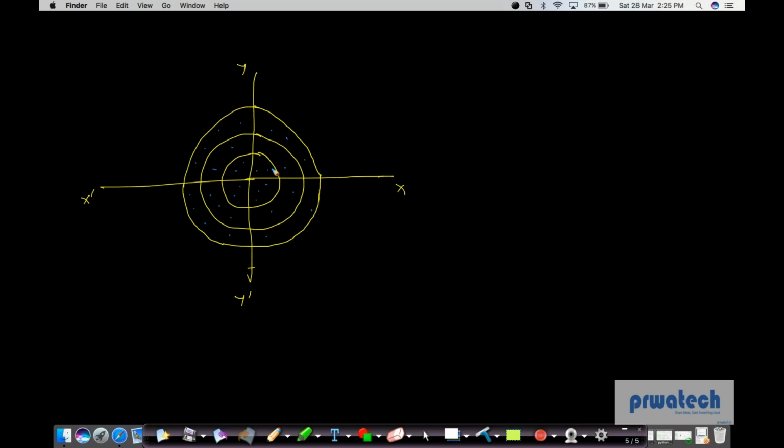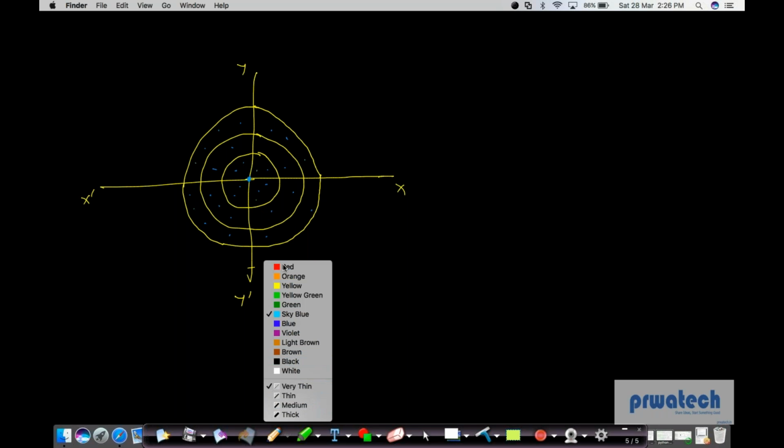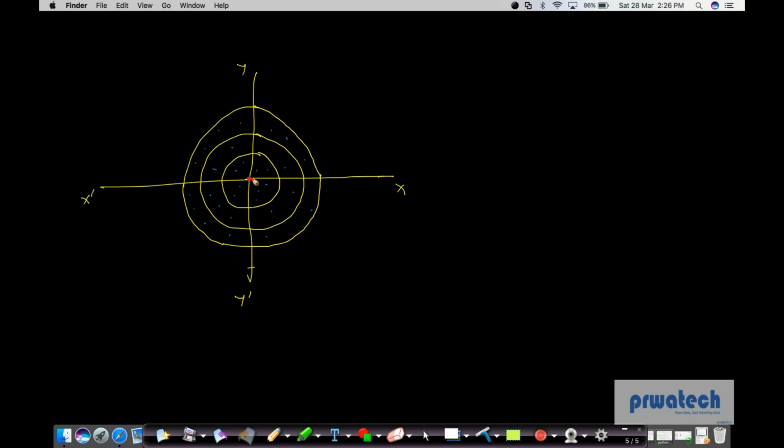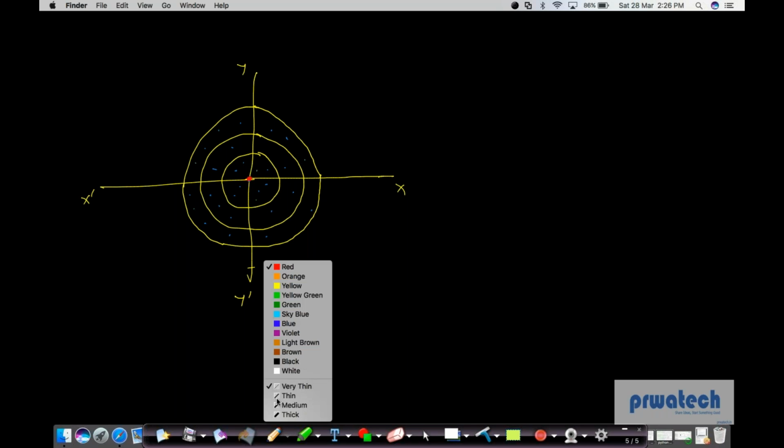How do I calculate the points? This point calculation is based on the circles and on the distance from the centroid. What is the distance from this centroid? If I get the distance from the centroid to this point, I can easily calculate the value.